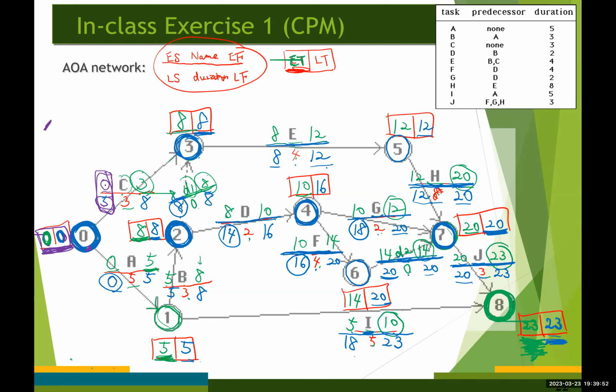So since there is a difference of positive value of 5, which means the corresponding activity cannot be the critical activity. So C cannot be the critical activity.